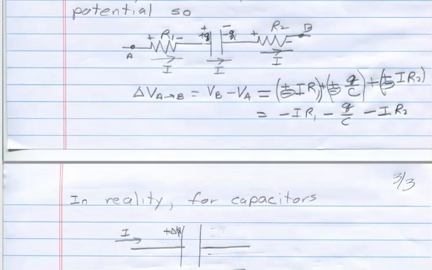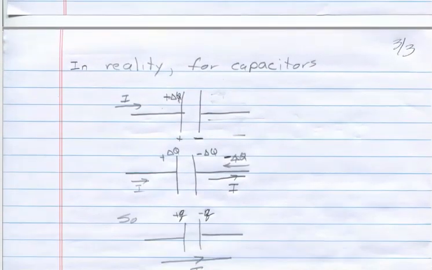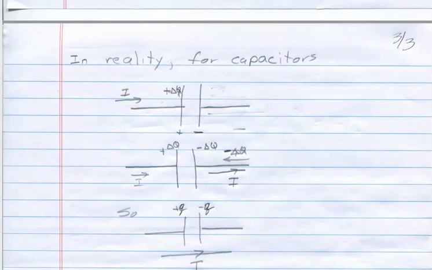Capacitors are kind of an interesting thing, so let's look at this in just a little bit more microscopic detail. There's really a gap in between here, and if it's a good capacitor, there's no real charge going from the left capacitor plate over to the right capacitor plate. But what happens is the current that's flowing in this direction is bringing in and putting more and more positive charge on this plate.